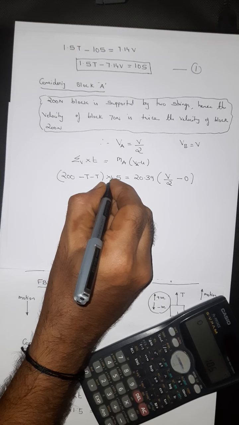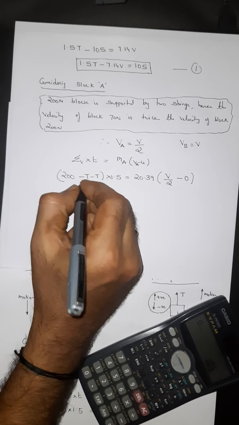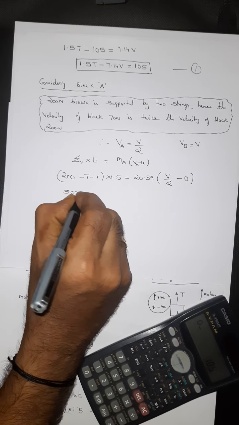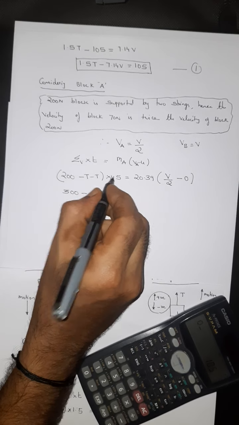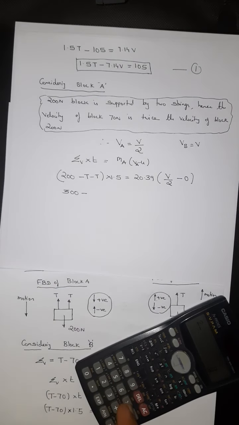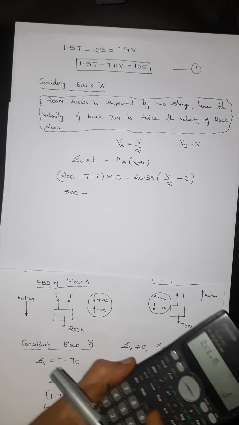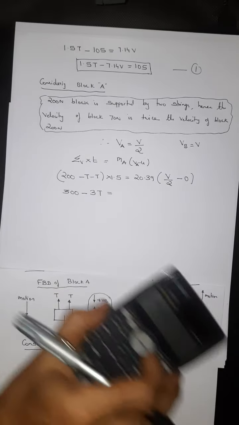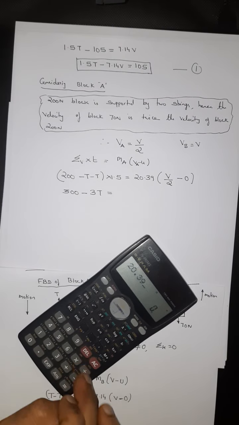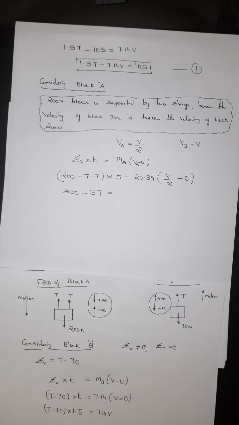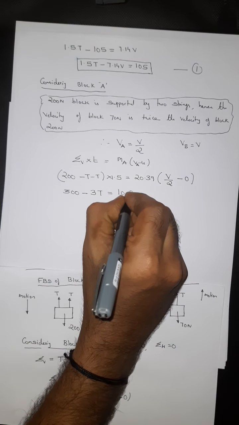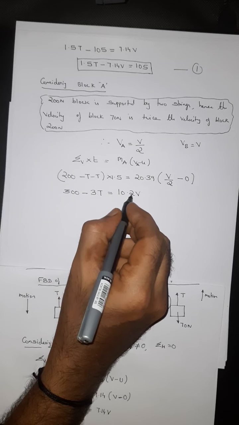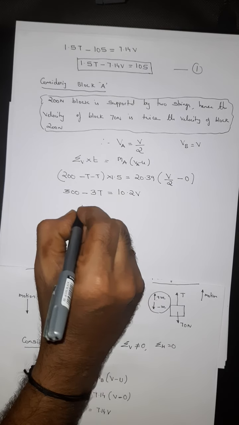So let me multiply 1.5 inside. So 200 into 1.5 is 300, minus 2T into 1.5, 2 into 1.5 is 3, minus 3T equal to 20.39 divided by 2, 10.2 V. Let me take this 10.2 V to this side.